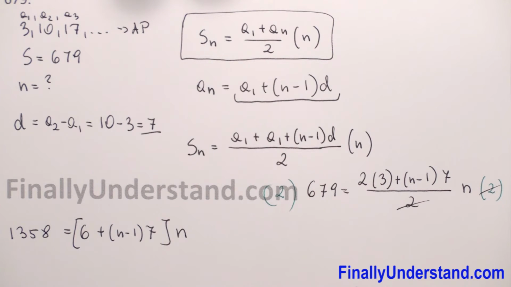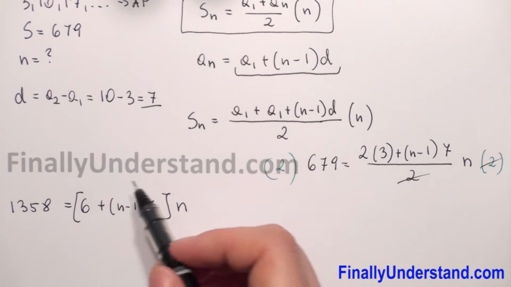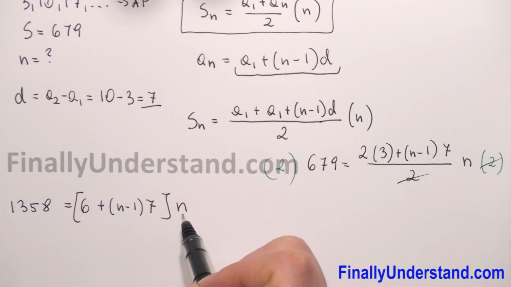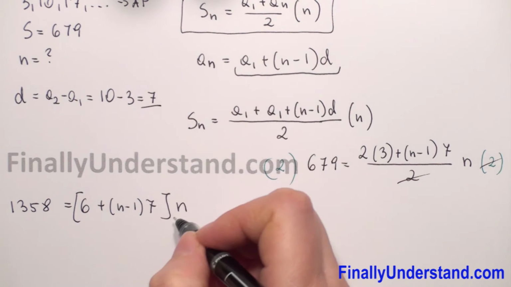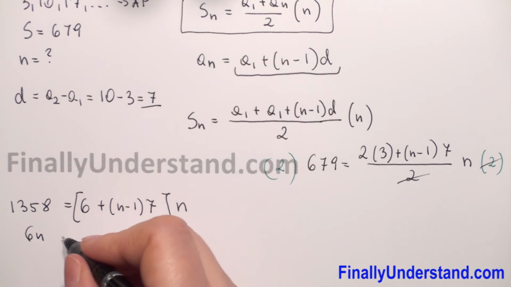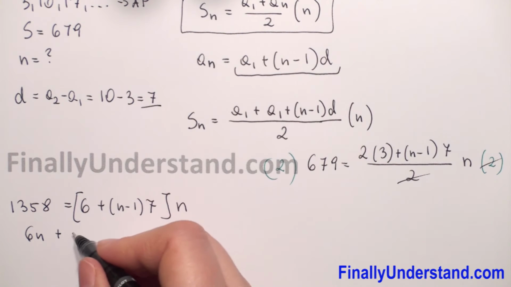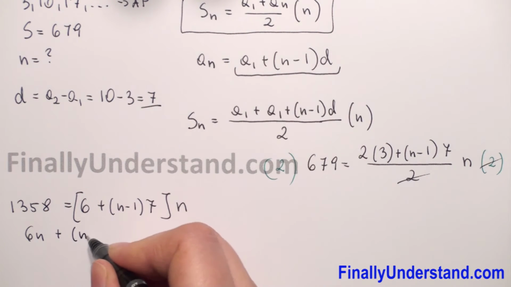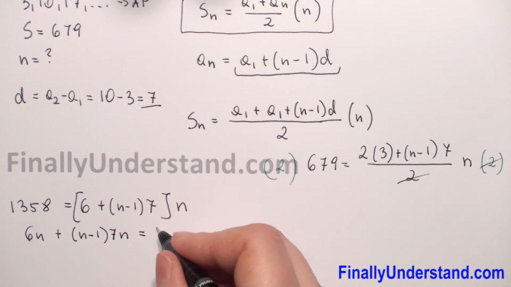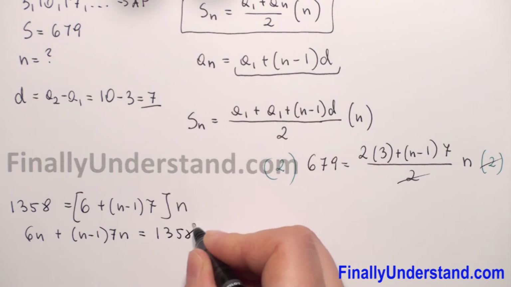So what next? I will change the sides and I will do multiplication. Every term in the brackets we have to multiply by n. So n times 6 will be 6n, plus n minus 1 times 7 times n. This is equal to 1358.